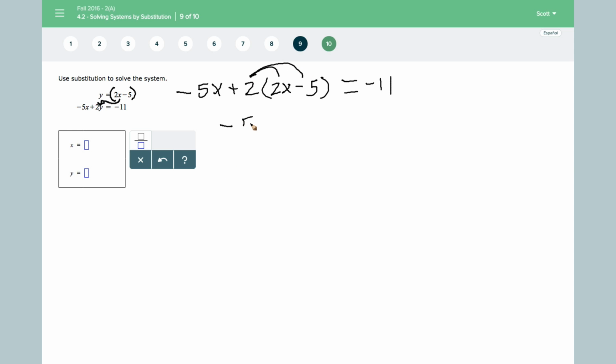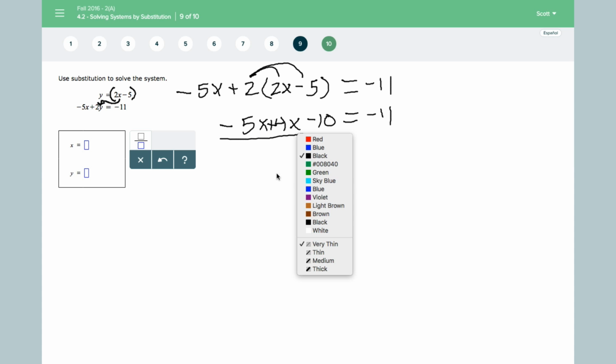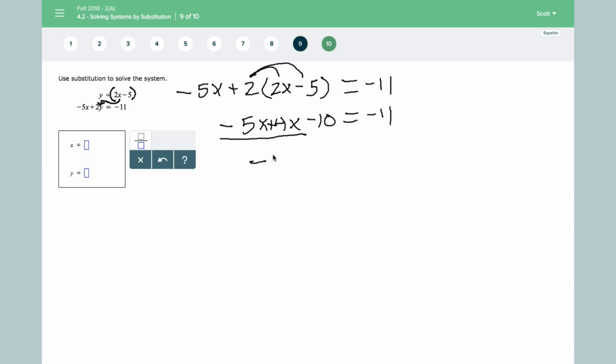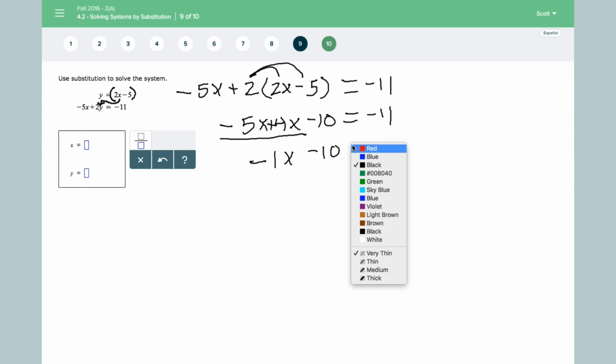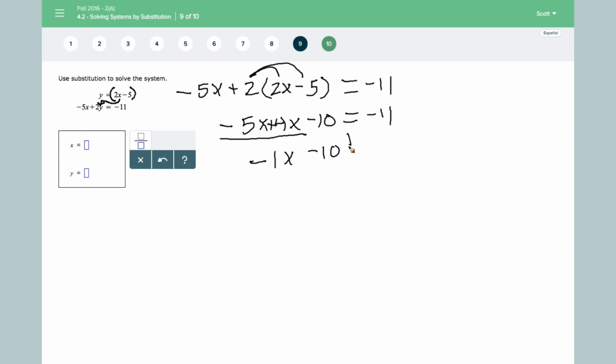So I have negative 5x. 2 times 2x is positive 4x. 2 times negative 5 is negative 10, equals negative 11. I can combine these x's. It gives me negative 1x minus 10 equals negative 11.